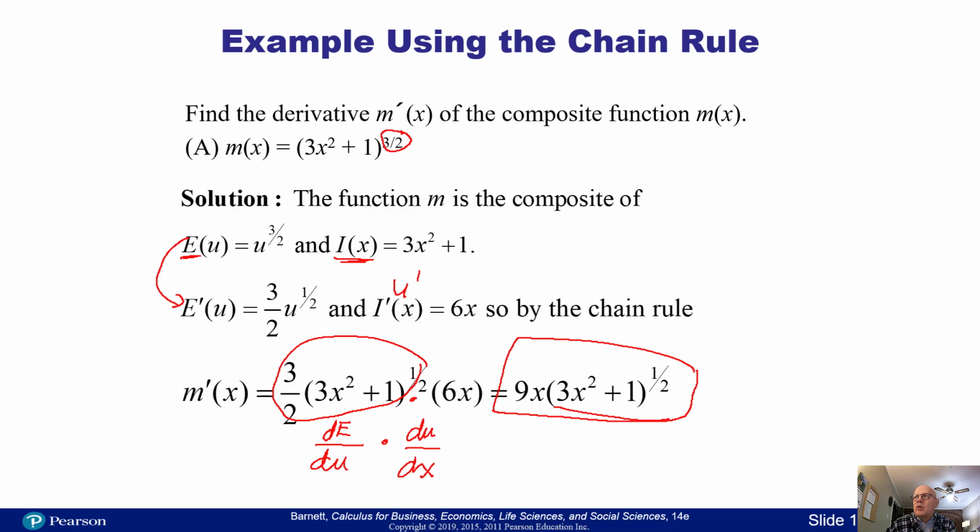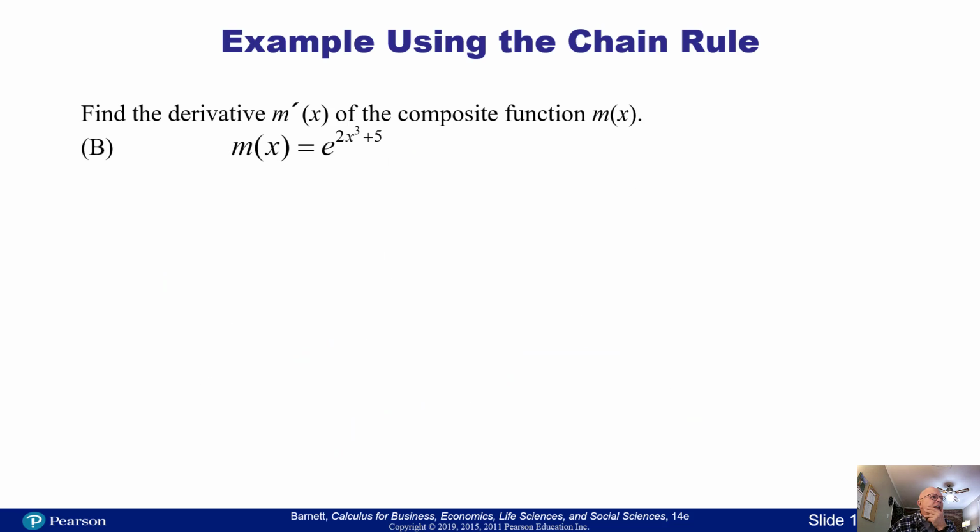An alternate way of doing it. You might think that's even better than the other way. Let's see. Let's take a look at another one. See the inside function and the outside function? So what is E of u? Remember, this is the inside function.